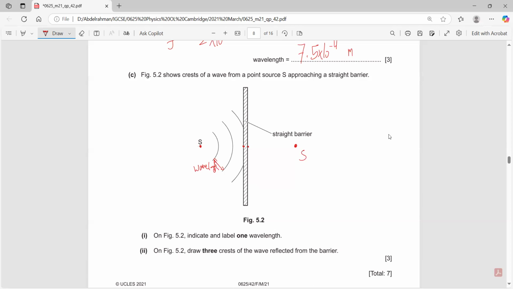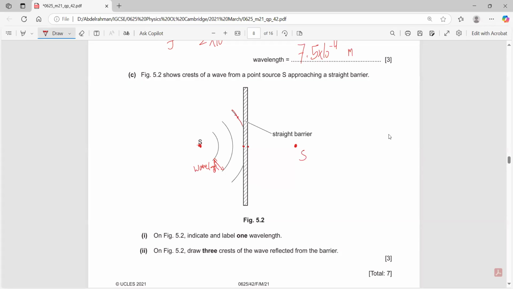Now, how can I draw? You need to draw using your compass, definitely. First of all, open up the compass to the last crest. So you have the pointy edge at S, and then you open up the pencil all the way to this crest, and then flip the position, starting off at S at this point.